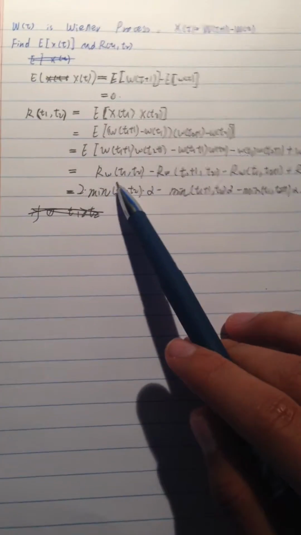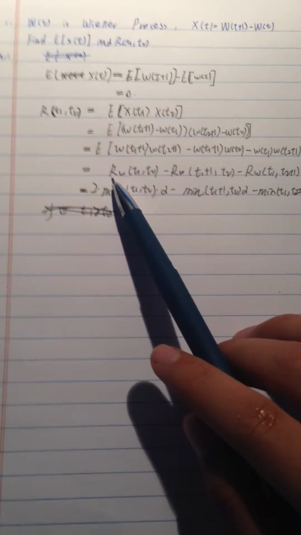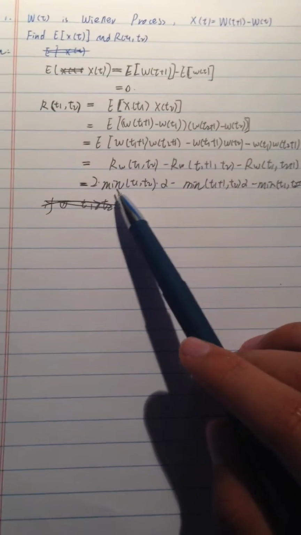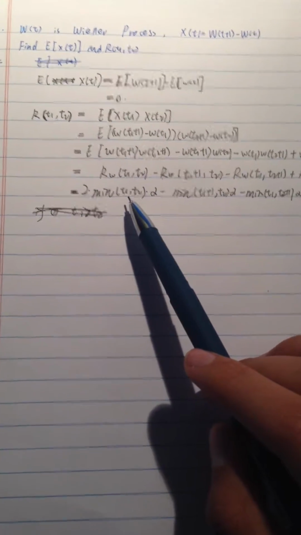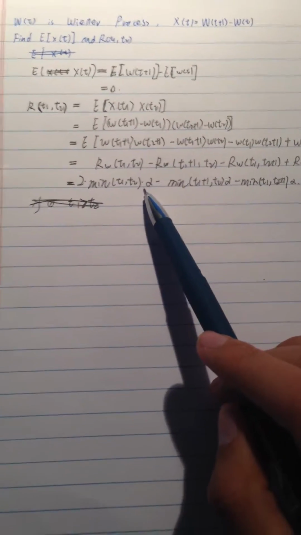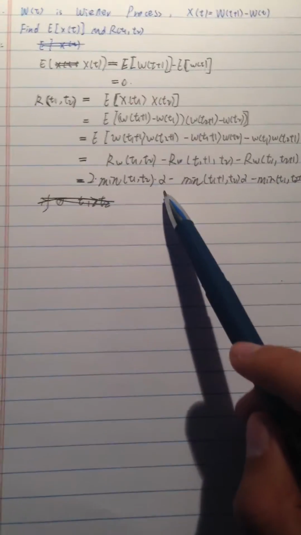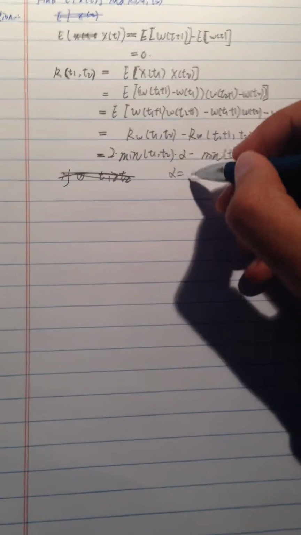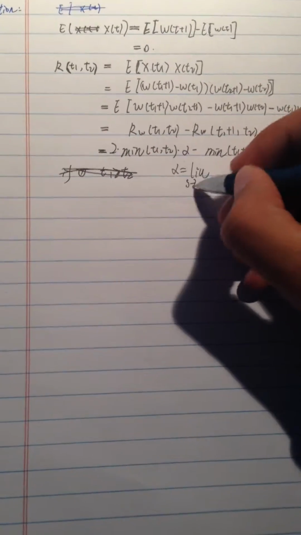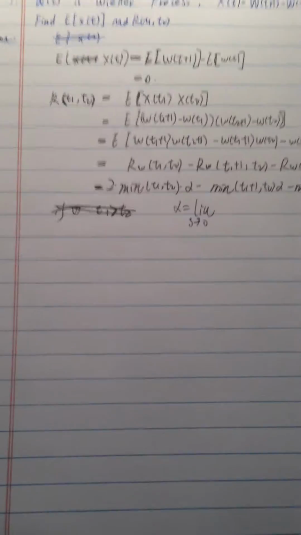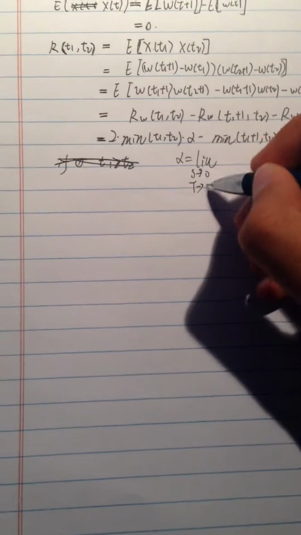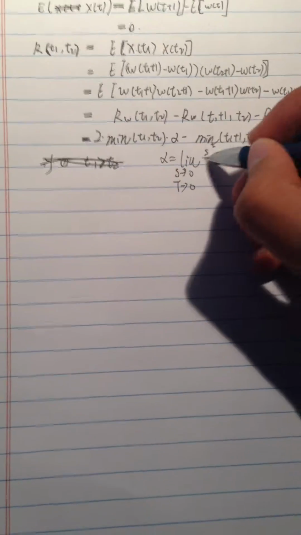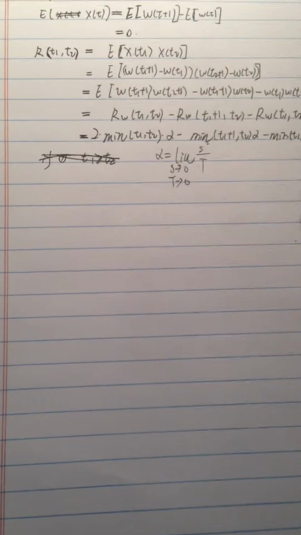And we know that for the Wiener process, the autocorrelation equals the minimum value of t1 and t2 times a constant alpha. In this constant, alpha equals the limit as s approaches 0 and t approaches 0 of s squared over t.